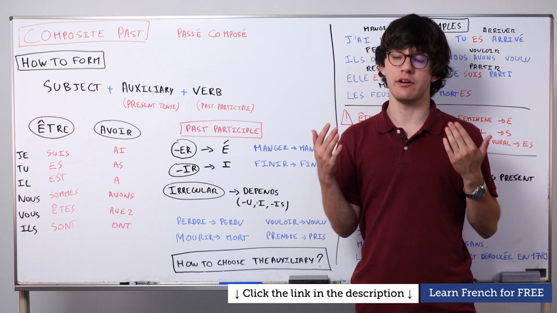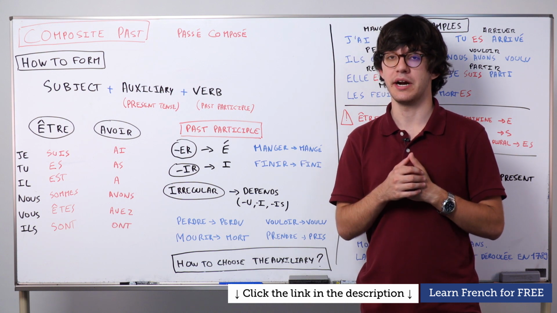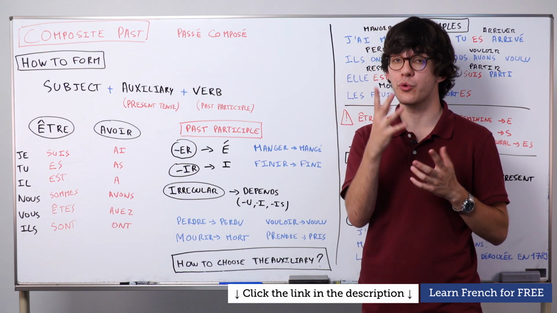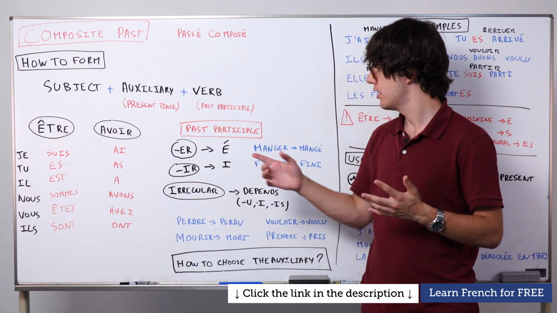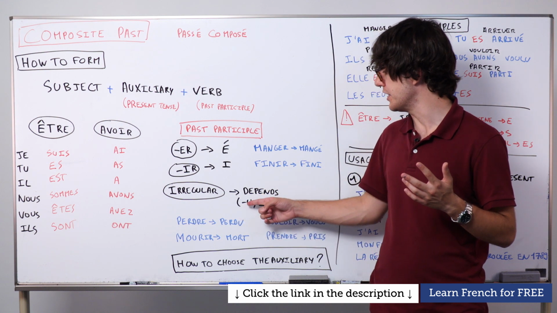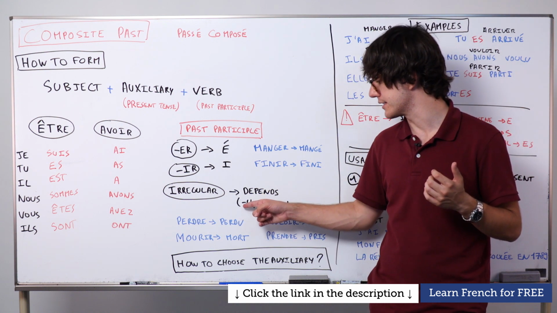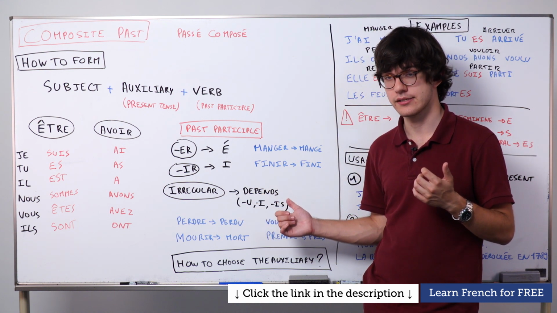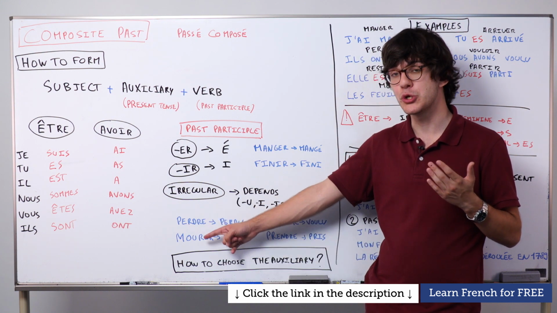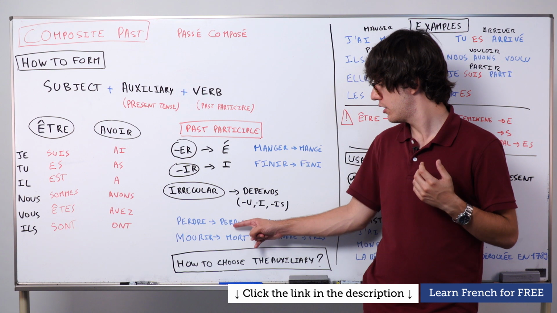And then for irregular verbs, you need to learn by heart again. But this time you only need to master one word, the past participle, and then you're done. This is not that hard, and it's usually similar endings, like U or I or IS. So here you can see some examples. To lose, perdre, perdu.